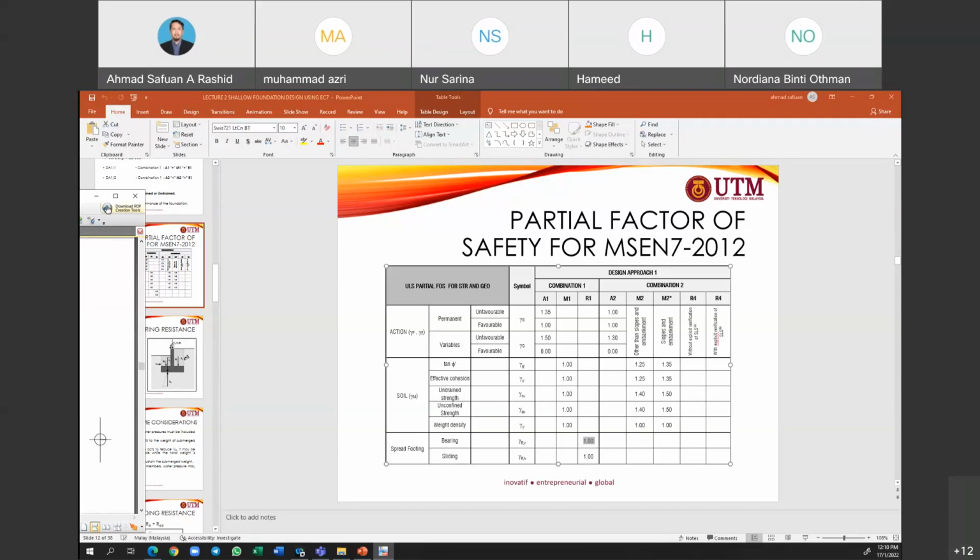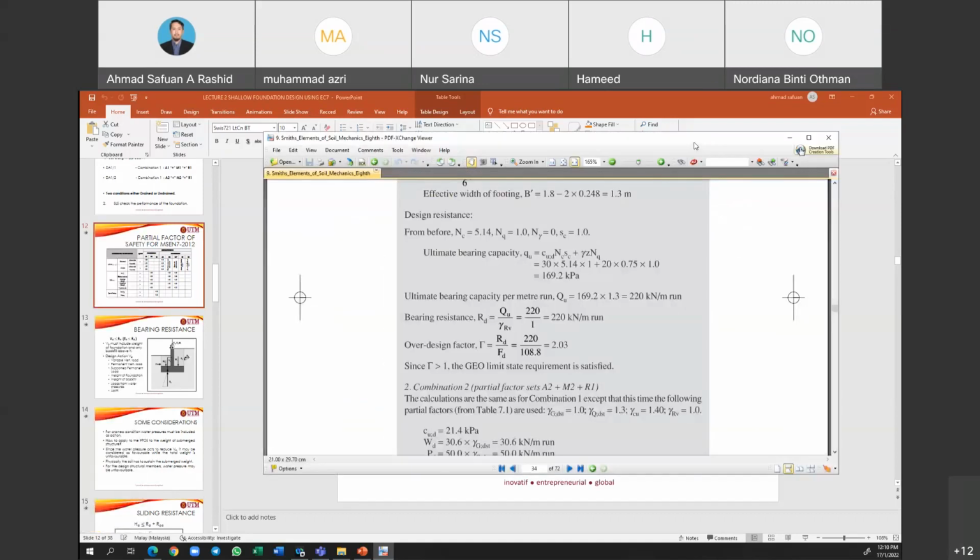1.2. Actually, it's the same. The Malaysian standard and also the Eurocode give the same partial factor value because Smith is using EC7.